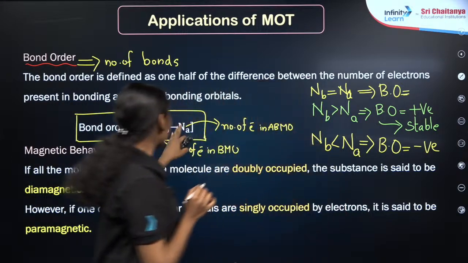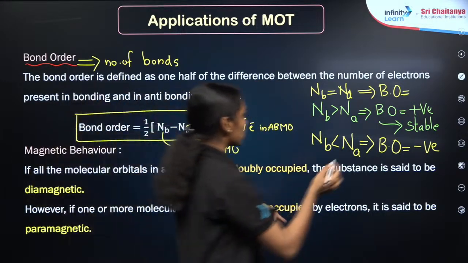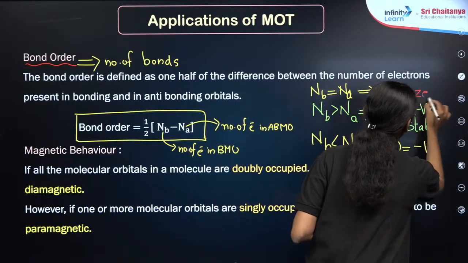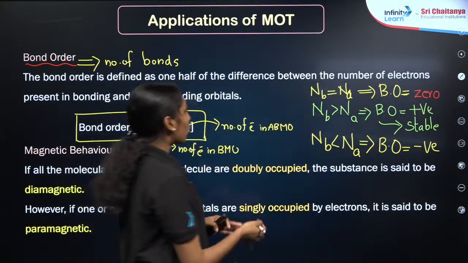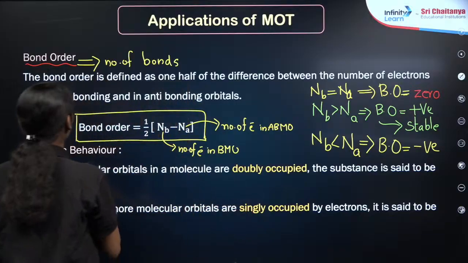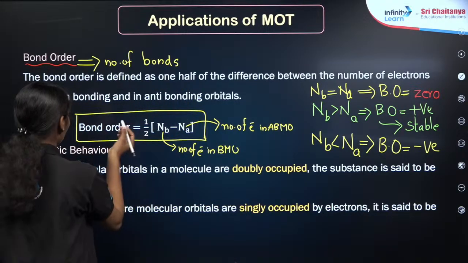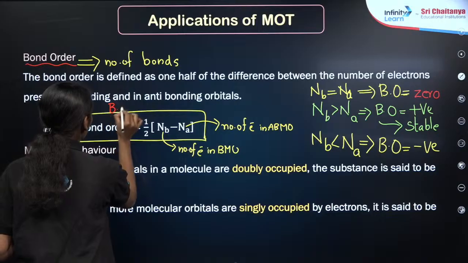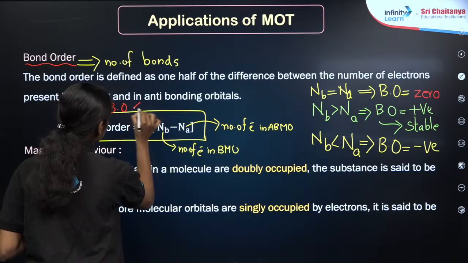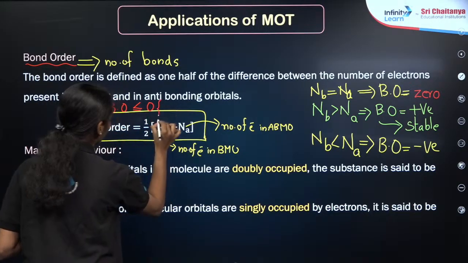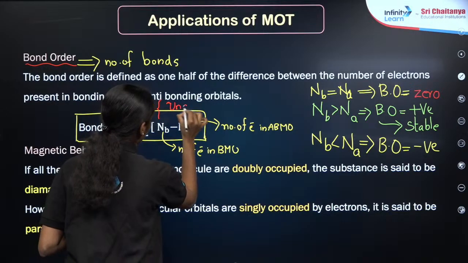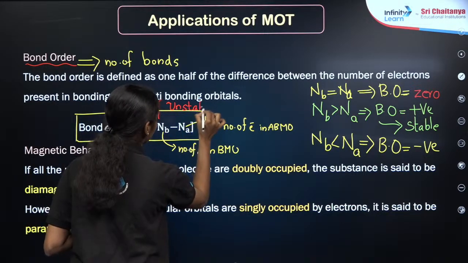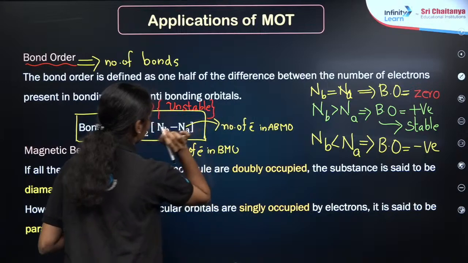Nb minus Na will be equal to 0, which means that bond order is equal to 0. So we can say that whenever the bond order is less than or equal to 0, the molecule will not exist. There is no existence, or otherwise we can say that the molecule is unstable. Clear?